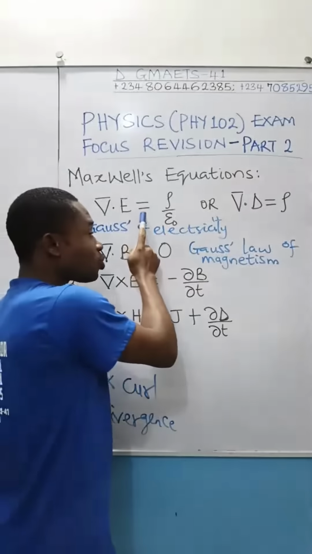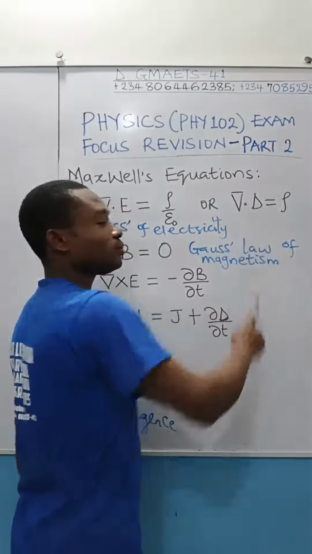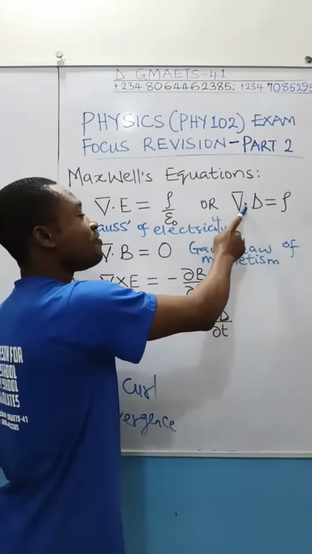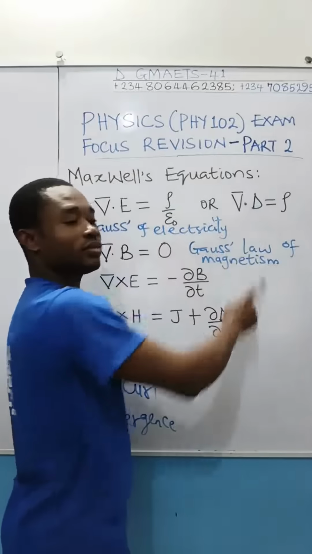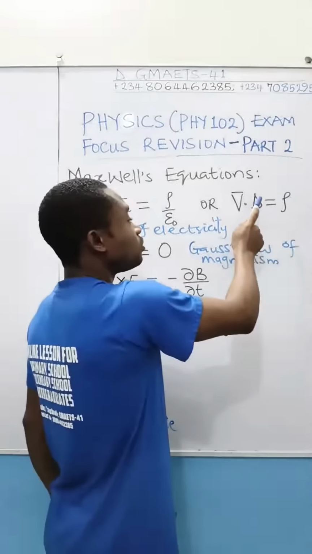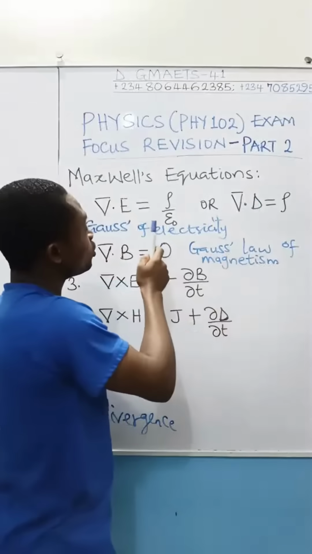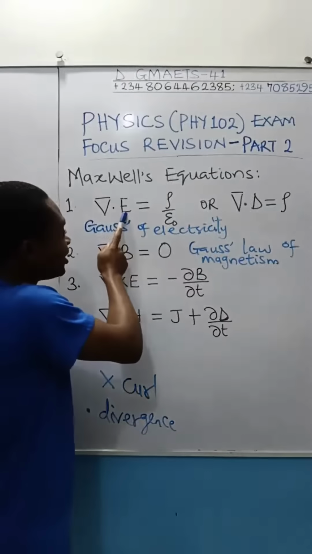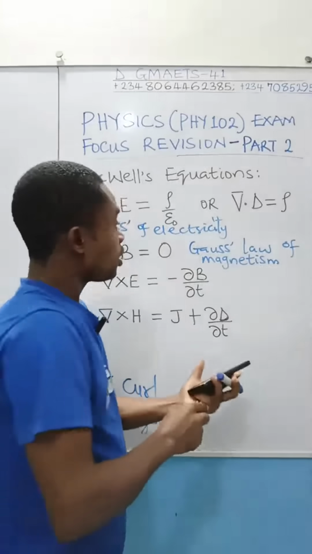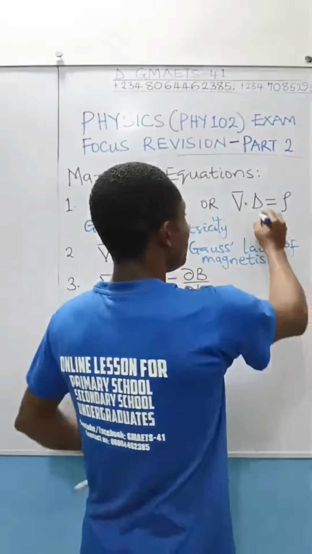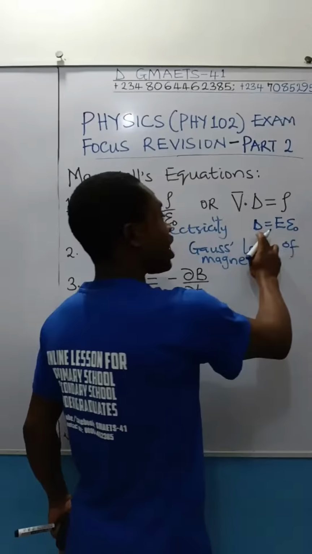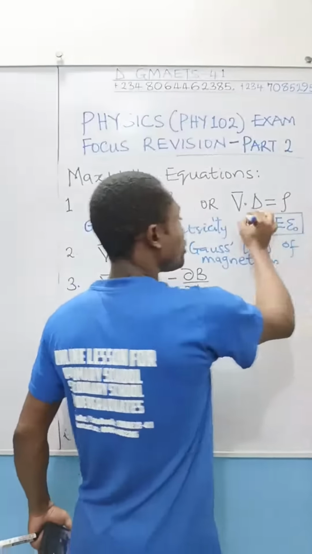This equation can still be written in this form, where we have this to be the divergence of this quantity. This D you're seeing here is obtained from multiplying this electric field intensity by permittivity of free space. Let me indicate that D is equal to electric field intensity times permittivity of free space.